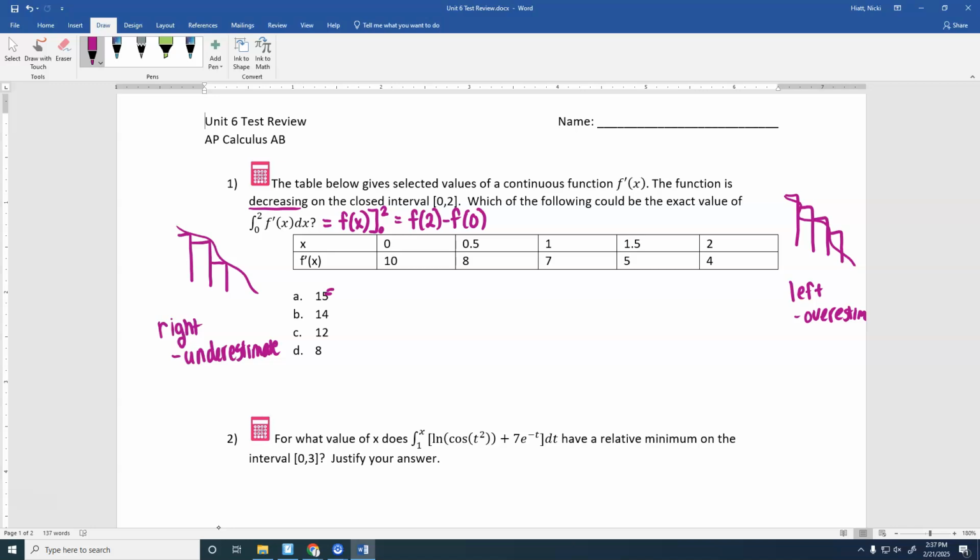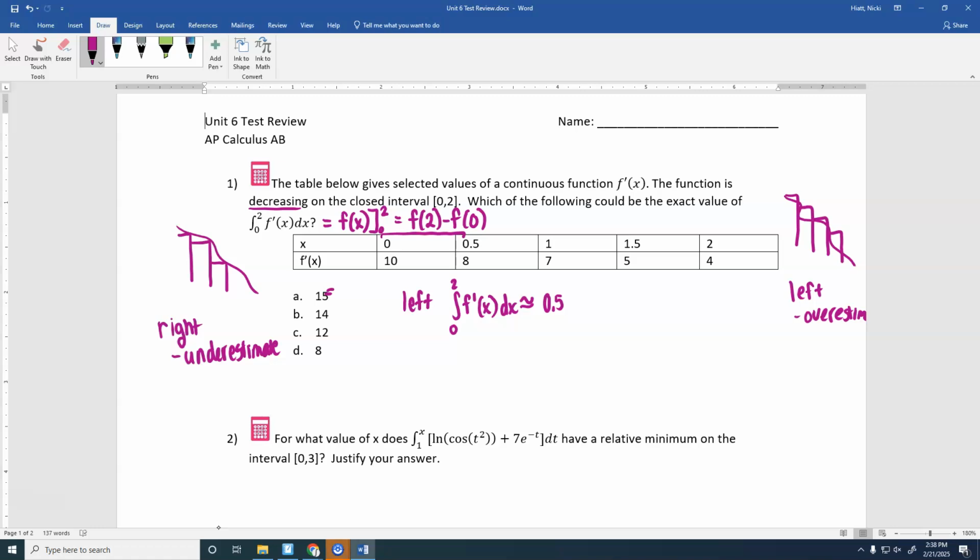So remind me what to do. Let's do the left first. The integral from 0 to 2 of f prime of x dx would be approximately... Okay, so that'll be 0.5.